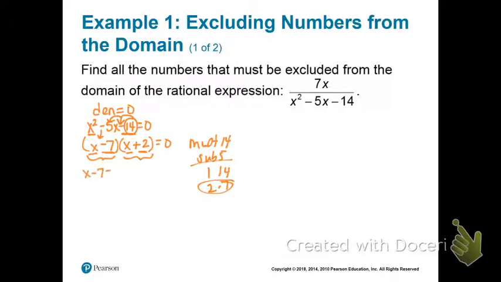So x minus 7 equals 0. x plus 2 equals 0. Add the 7. So x equals 7. Subtract the 2. So x equals negative 2. And so these are the two numbers that our x value has to exclude. So what that means, it can be any number except 7 or negative 2.